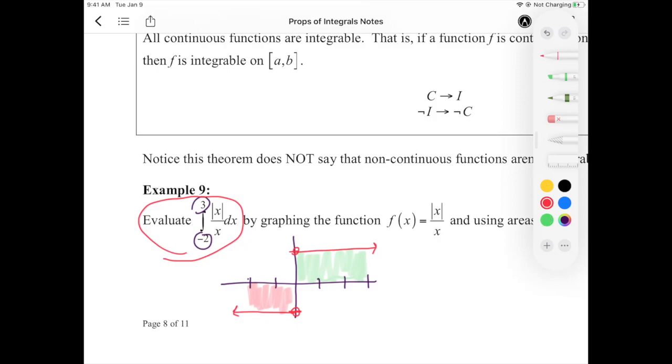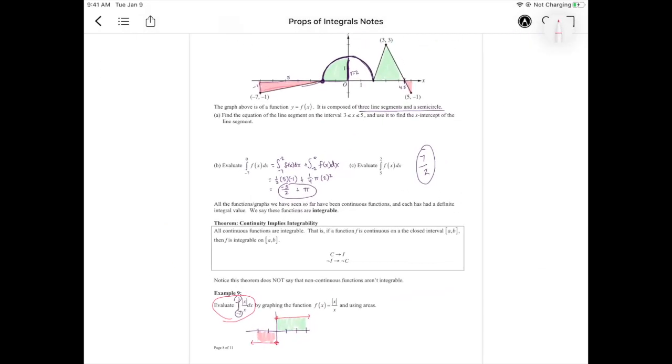I'll leave that one as a mystery. You have to tell me what this is in the discussion board. So let me know what that answer is. Okay. So those are all the examples of kind of looking at area, how we can find area from definite integrals, and the fact that definite integrals can be negative, but area cannot.